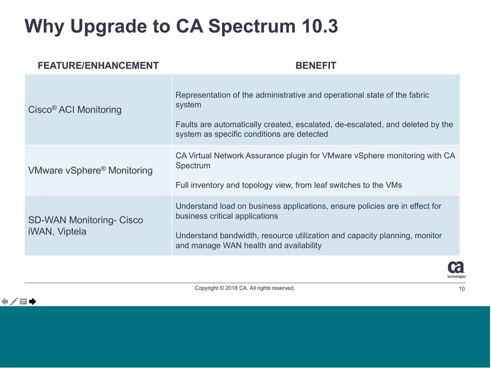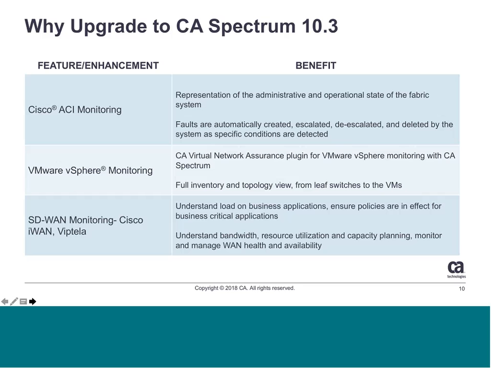Now this provides a full inventory topology view, from the leaf to the spine to the switches to the virtual machines. Again, if we talk about SD-WAN monitoring, be it Cisco IWAN or Viptela, this is where the modern networks come in, right? Which is very important as your network infrastructure moves towards that modern, be it SD-WAN or virtualization, right?